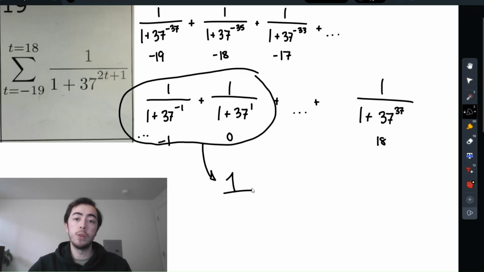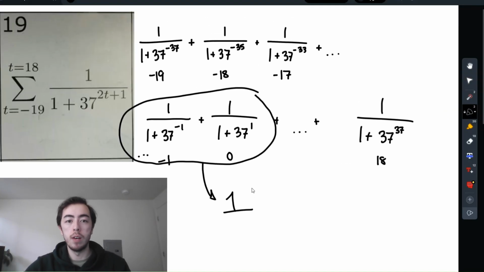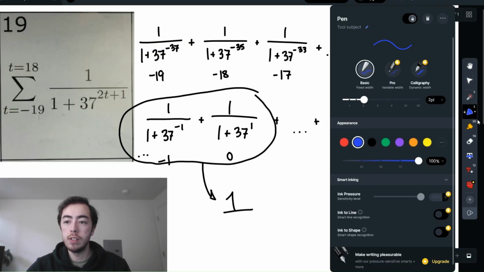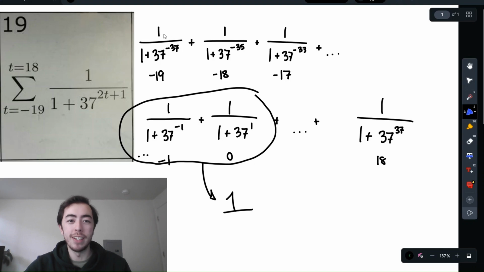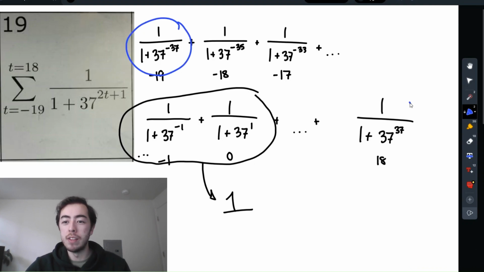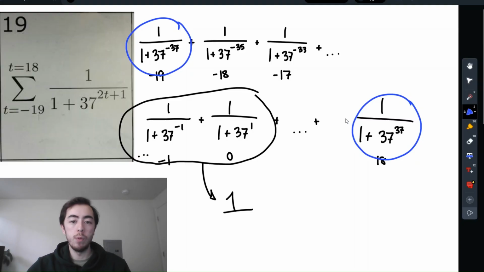This is going to be true for every other pair in this sum. Say I take the 37 to the power of -37 term, and then the 37 to the power of +37, I could do that exact same process and show that both of these add up to the number 1.